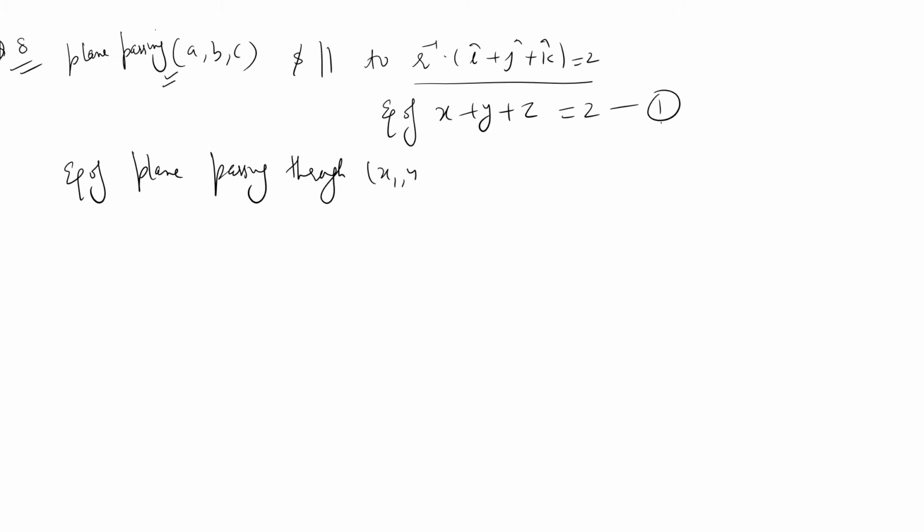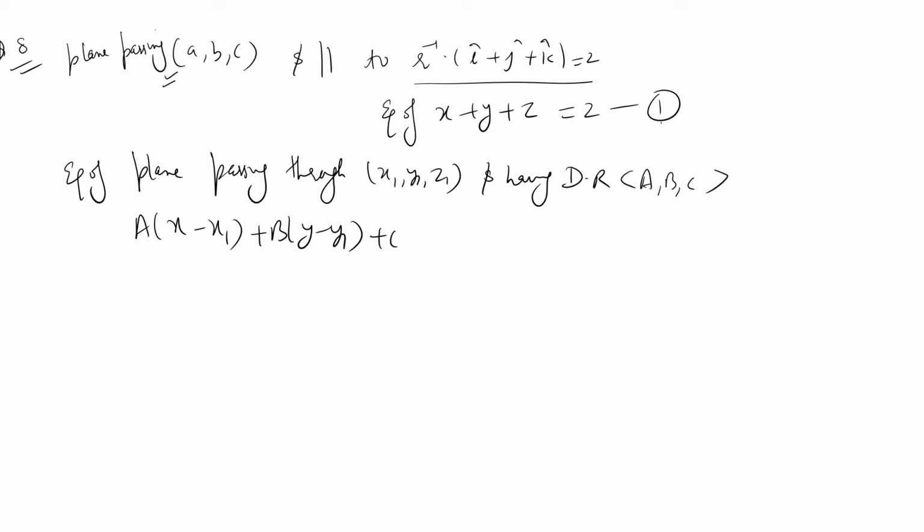Passing through the point (x1, y1, z1) and having direction ratios A, B, C, it is given by A(x - x1) + B(y - y1) + C(z - z1) = 0. The point here is (a, b, c), so I will take it as (x - a) + (y - b) + (z - c) = 0.